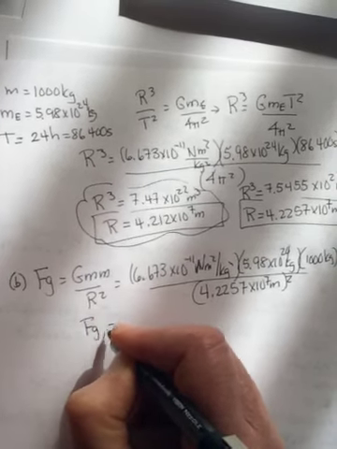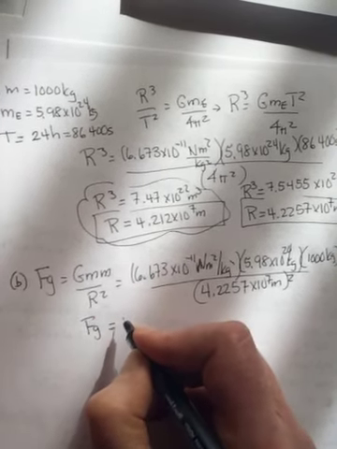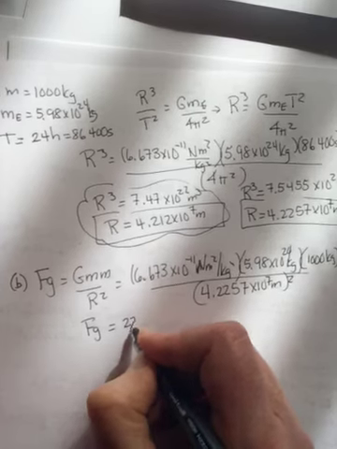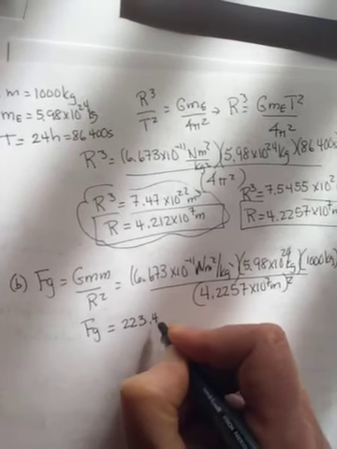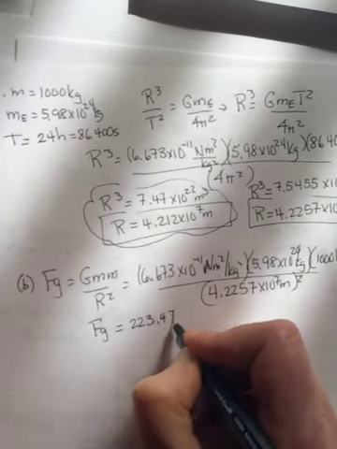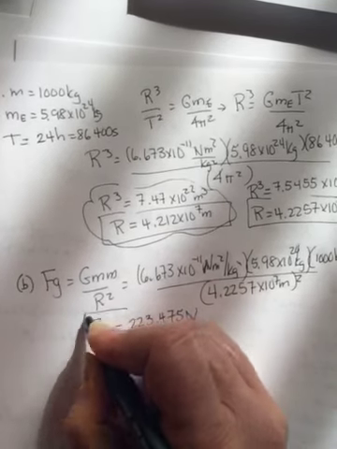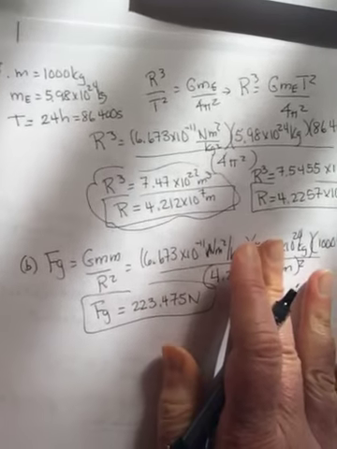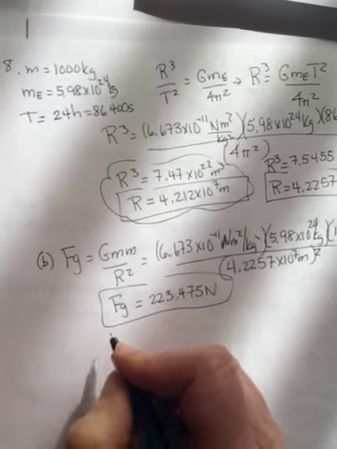And you get an F_G of 223.475 newtons. Okay, that's the one I think matches your sheet.